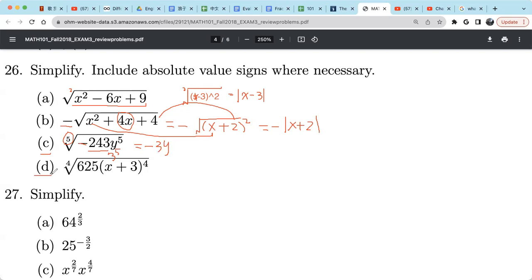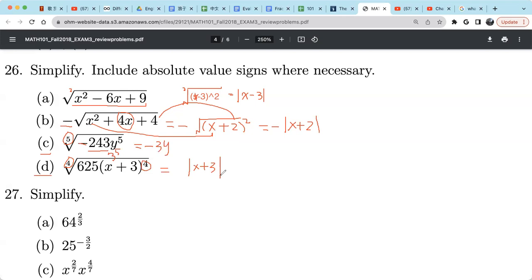Let's say D. We have x plus 3 raised to the 4th, perfect, because the index is 4. We just want to force x plus 3 to be non-negative because the power is an even number and the index is an even number.